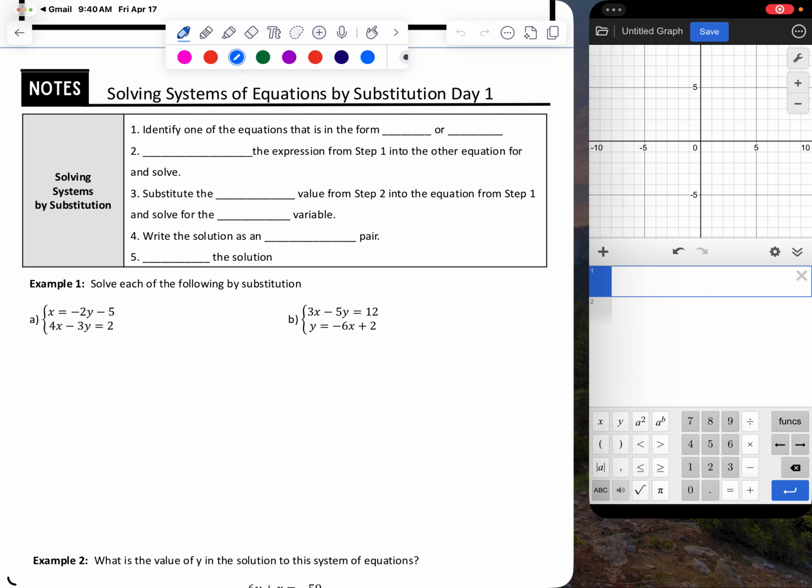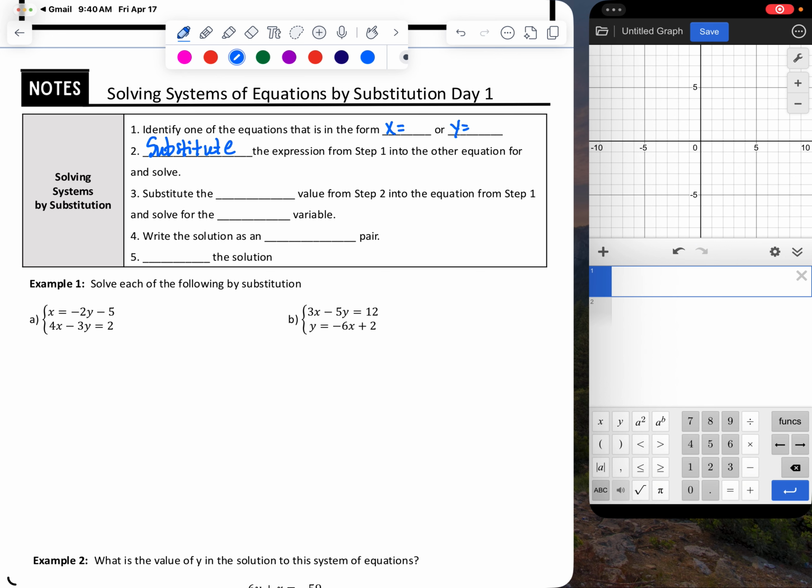So in solving systems by substitution, let's go through some steps, and then I'll show you how to use those steps in our first example. Step one, you want to identify one of the equations that's in the form x equals or y equals. Step two, you will substitute the expression from step one into the other equation and solve.